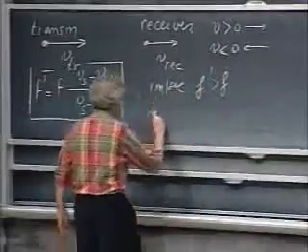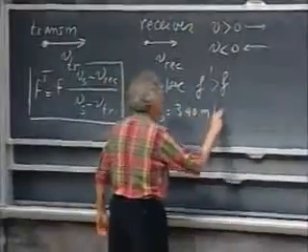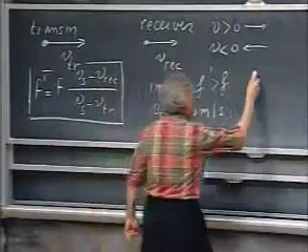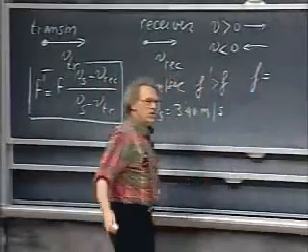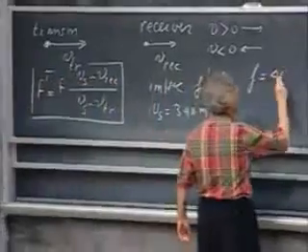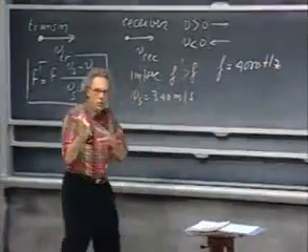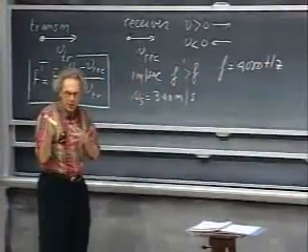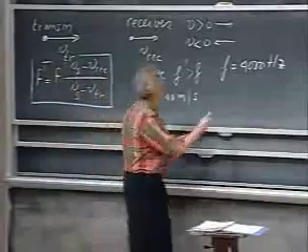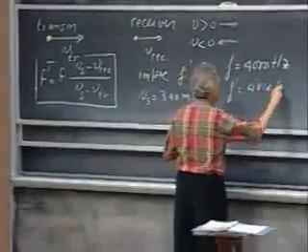The speed of sound is 340 meters per second. So if f, which is the frequency that I will produce, is 4,000 hertz, then if I move to you with 1 meter per second, which I'm going to try to do, the frequency that you will experience is about 4,012 hertz.